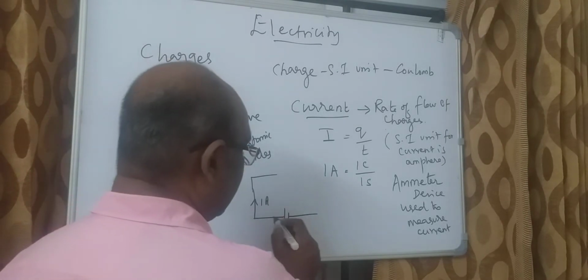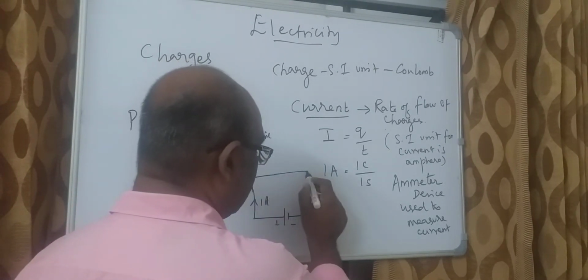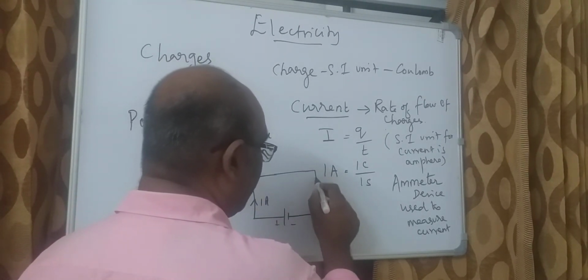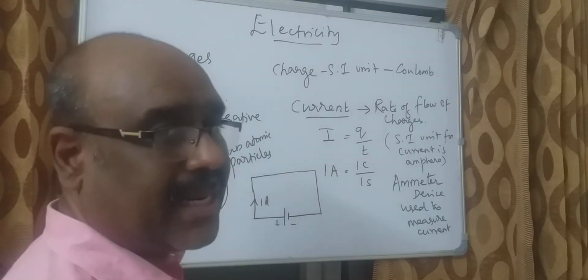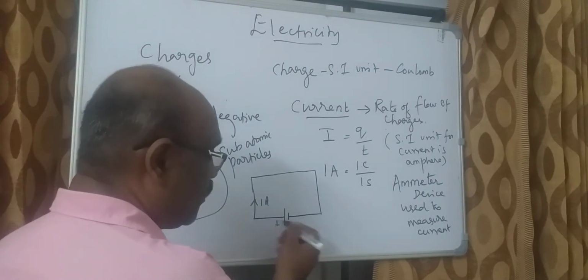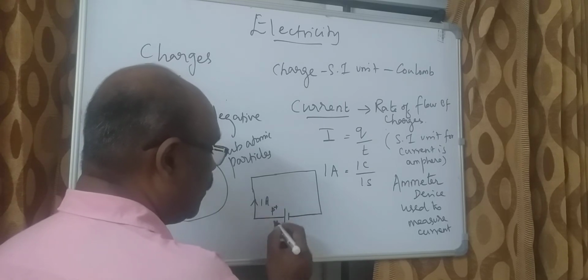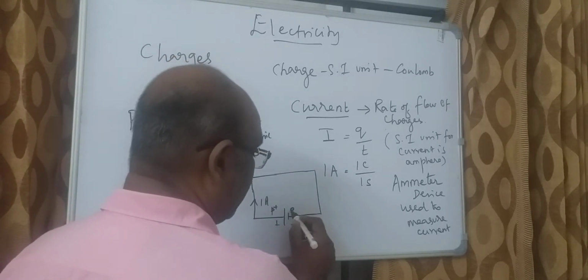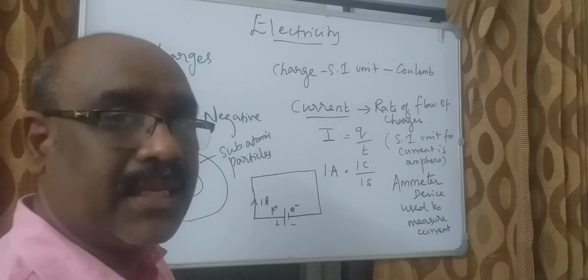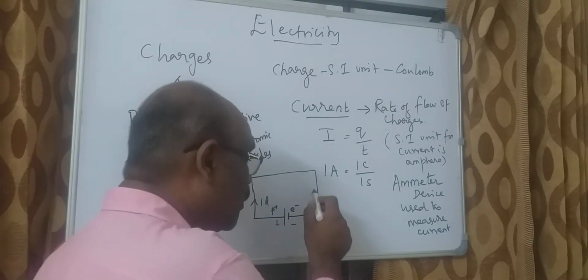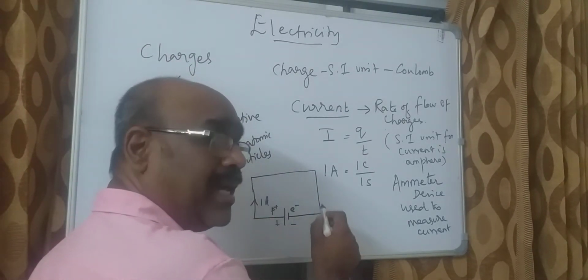That means the charges are flowing from one end of the conductor to the other end. For example, from the positive terminal the protons are flowing this way, and from the negative terminal the electrons are flowing this way.